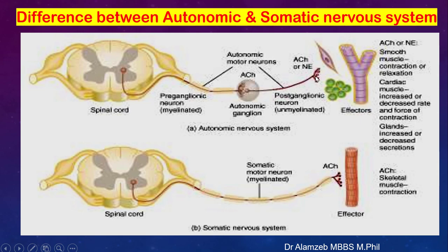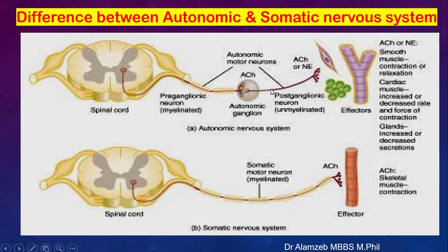The preganglionic neuron of the autonomic nervous system releases acetylcholine, while the somatic nervous system releases acetylcholine at its neuromuscular junction. The preganglionic neuron in the autonomic nervous system is myelinated, while the postganglionic neuron of the autonomic nervous system is unmyelinated.